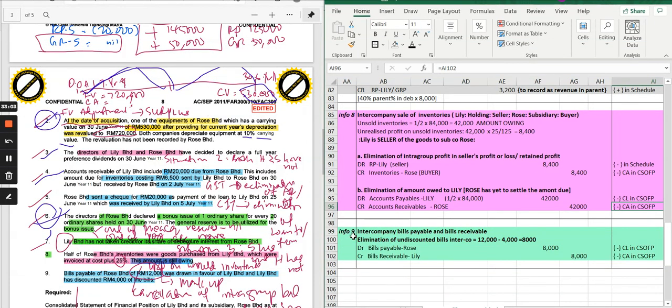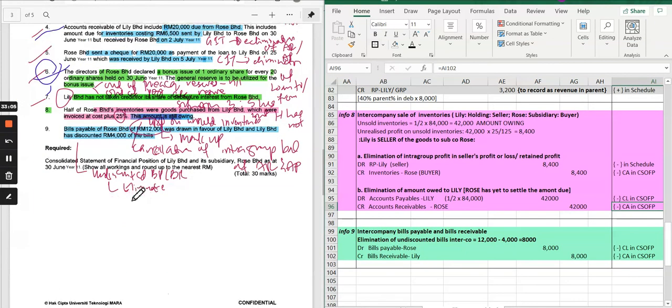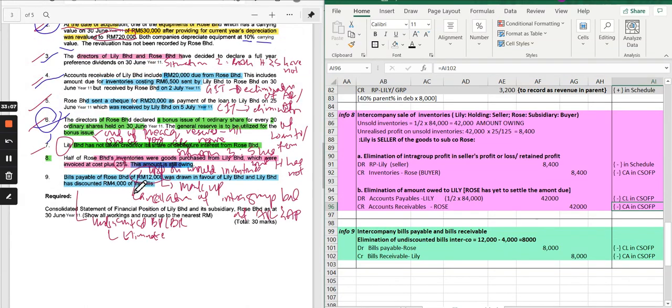The last item is on information 9, which is bills payable of Rose drawn in favor of Lily. So when you come across the elimination of the bills payable, it must be the undiscounted bills that you eliminate. And for the undiscounted bills here, the bills were 12,000, the discounted portion was 4,000. So the difference is 8,000, and that must be eliminated by debiting the bills payable of Rose 8,000 and crediting the bills receivable of Lily.